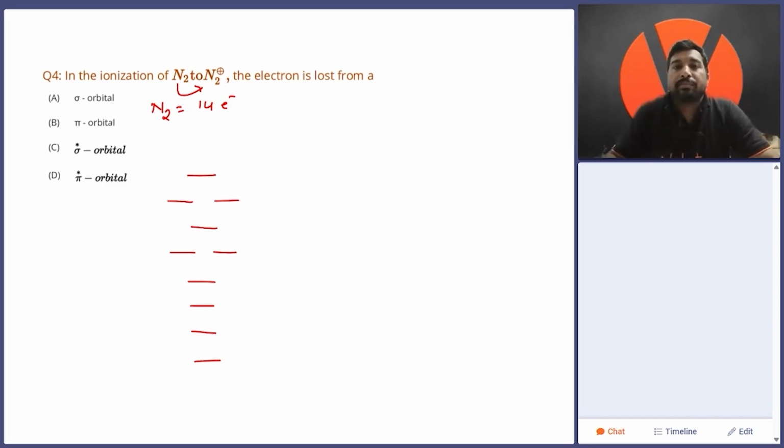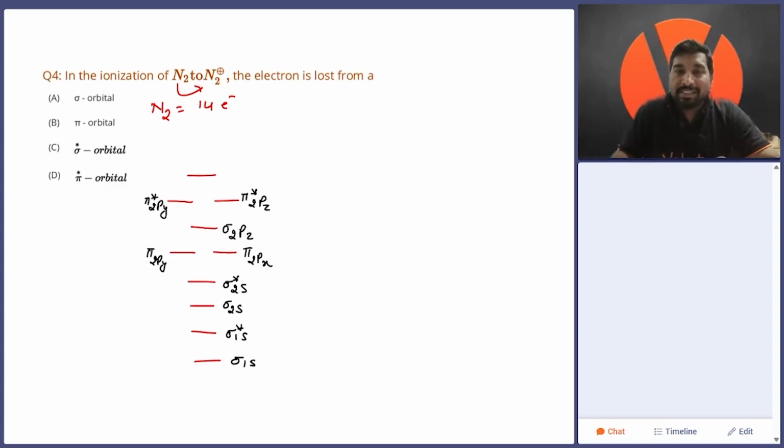That is sigma 1s, sigma star 1s, sigma 2s, sigma star 2s, pi 2px, pi 2py. That is sigma 2pz. That is pi star 2py, pi star 2pz.